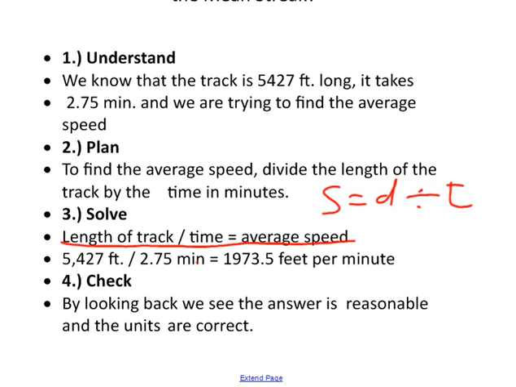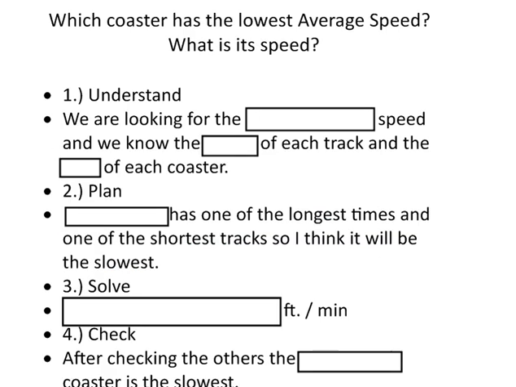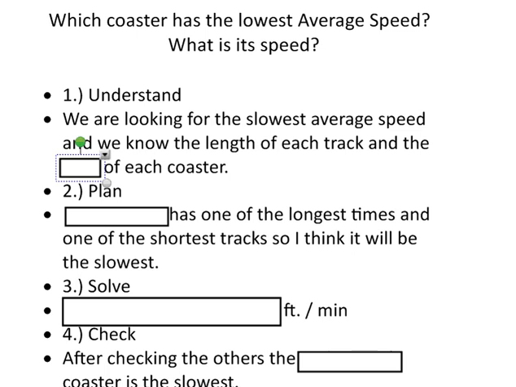We've got one more problem we want to do here. Which of those roller coasters has the lowest average speed, and what is that speed? The first thing again is the understand step. We are looking for the slowest average speed. We know the length of each track, and we know the time for each coaster.